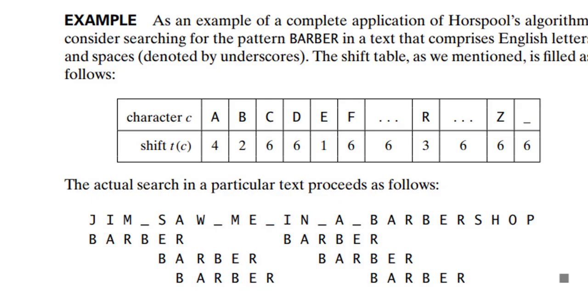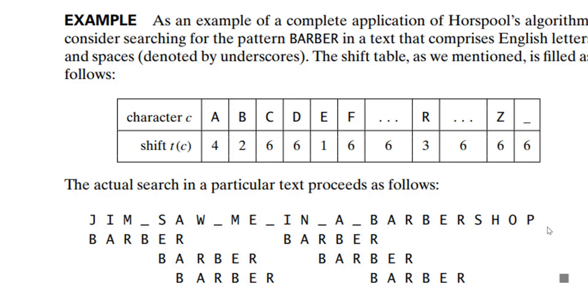Now I will explain this same example, and I'll attach a particular video regarding this. This is what is known as a shift table. Here, the question given is to search the particular pattern BARBER in the actual string.